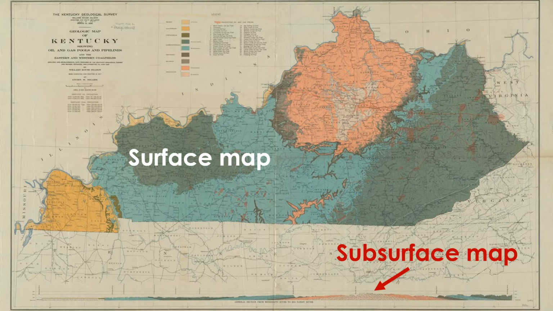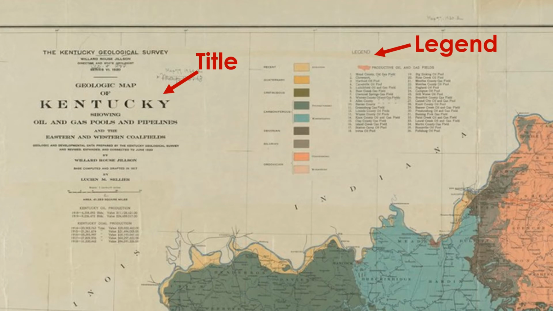The body indicates the lithologies and facies of the rocks, as well as the names of the stratigraphic units, like the members, formations, and groups. Maps also have titles and legends. The title is short and informative. It tells you what you are looking at. And the legend provides the key to understanding it.